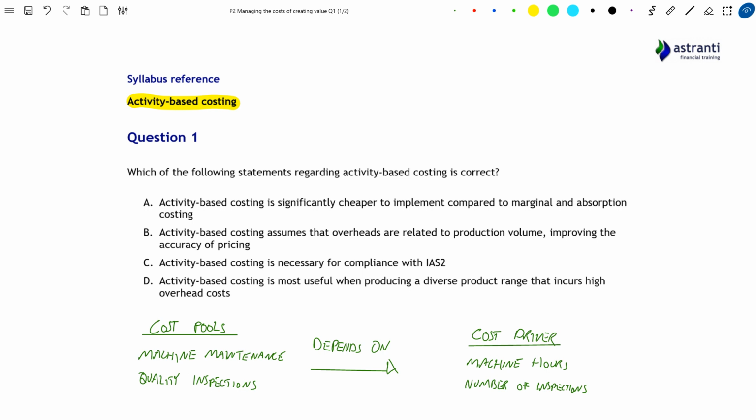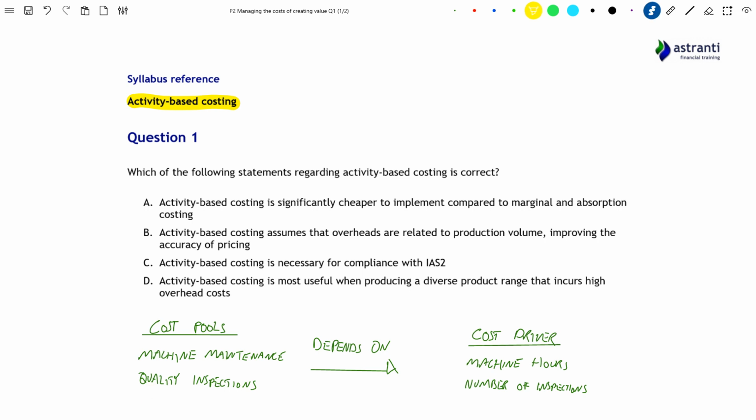The thing that affects the level of overheads in the cost pool is that cost pool's cost driver. Similarly, the more quality inspections we carry out, the more we have to spend on quality inspections. With these ideas in mind, let's go through each of our options one by one and discuss how they relate to this approach to costing, starting with option A.